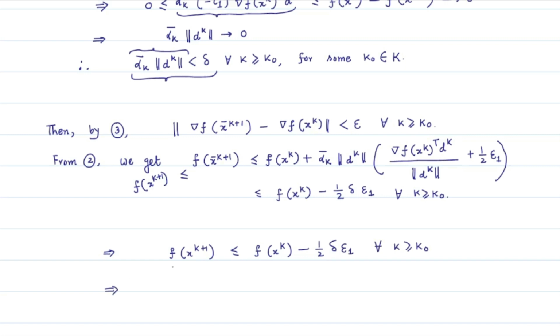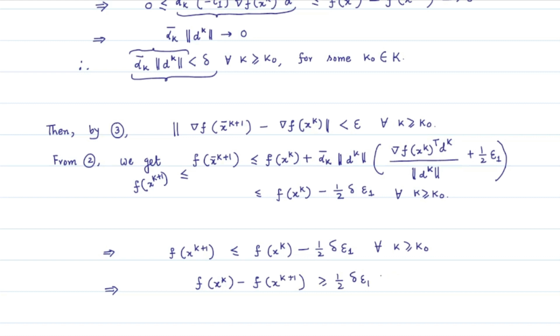It ultimately shows that f(x_k) minus f(x_{k+1}) is greater than or equal to half times delta epsilon 1.